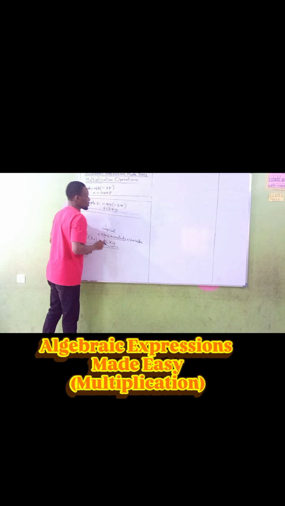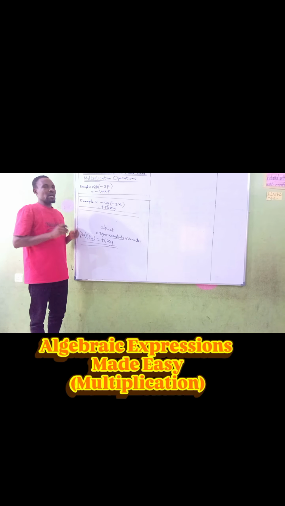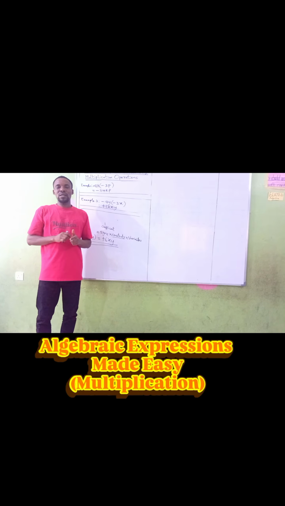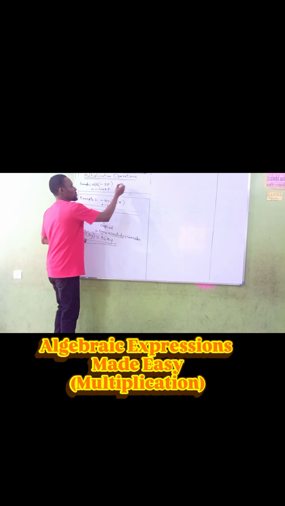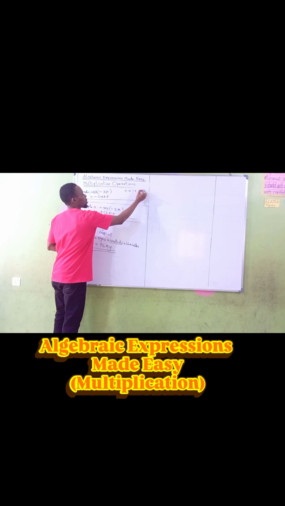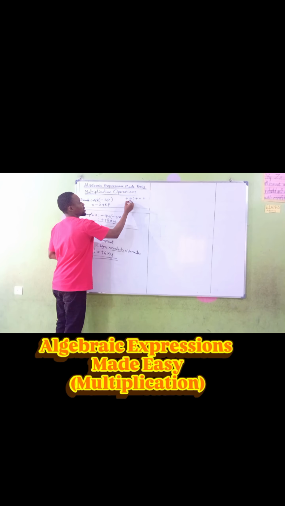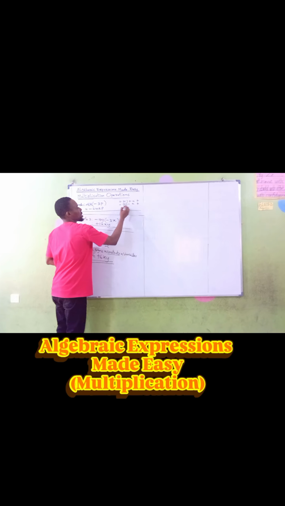So that is that about multiplying algebraic expressions. Remember, the key thing here is understanding that positive multiplied by positive will always give us positive. Negative multiplied by another negative will give us a positive.